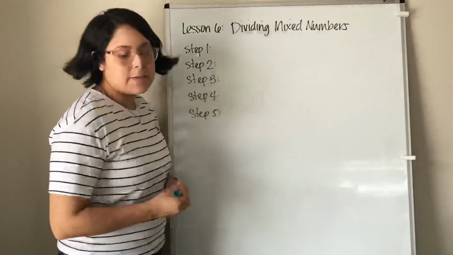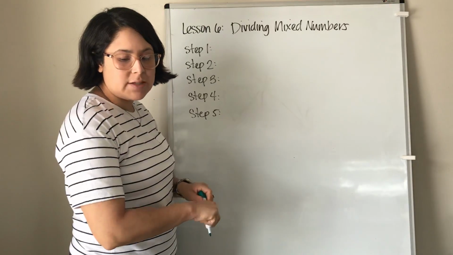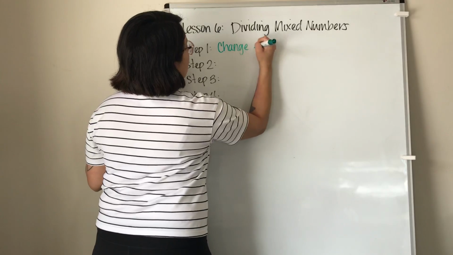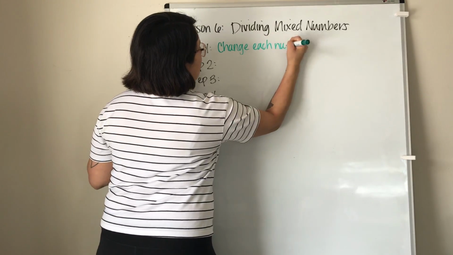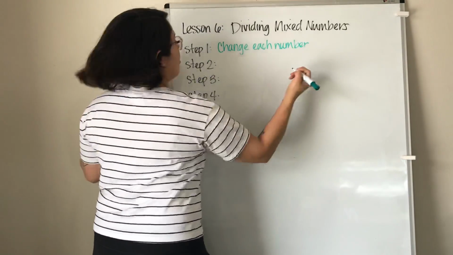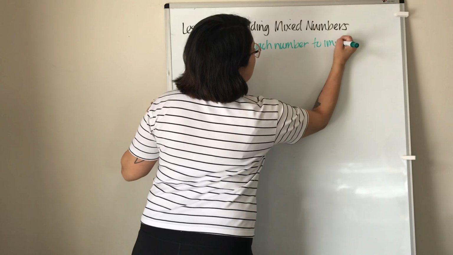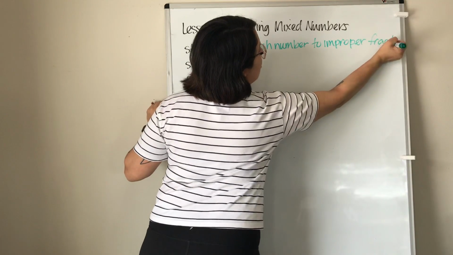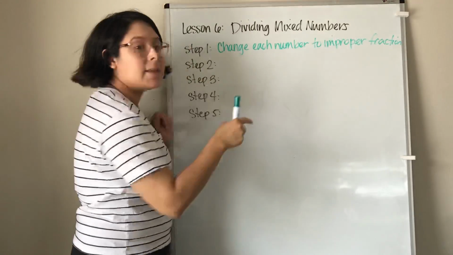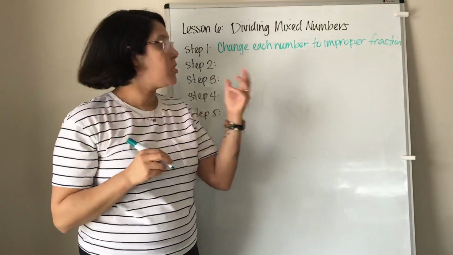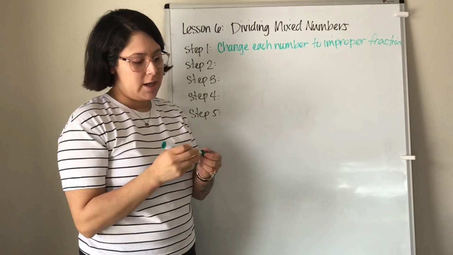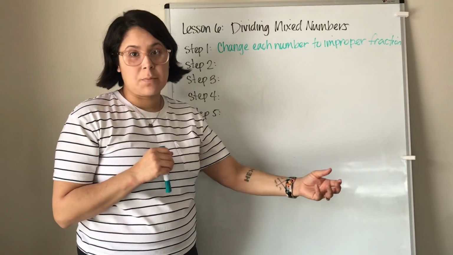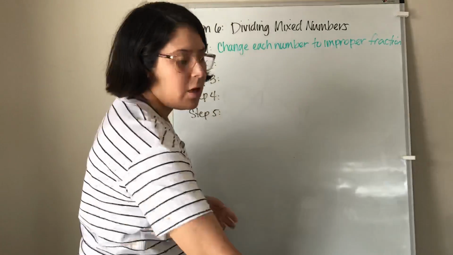So step 1 is going to be change mixed number to an improper fraction. Okay, and then you already did that when you had to multiply the numbers. You had to change it to an improper fraction, okay? So that mixed number becomes an improper fraction, then you can multiply them, then you can divide them, okay?